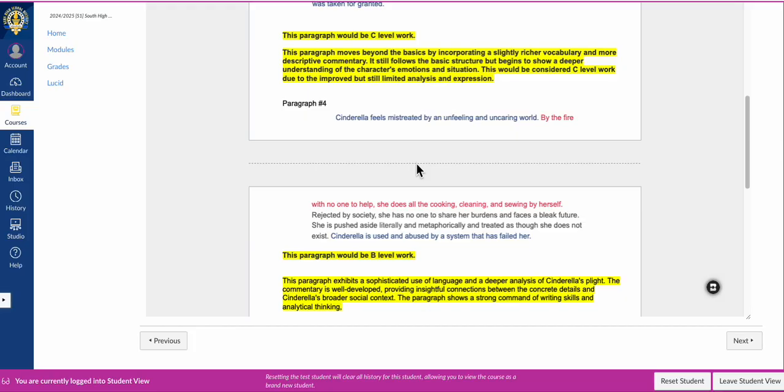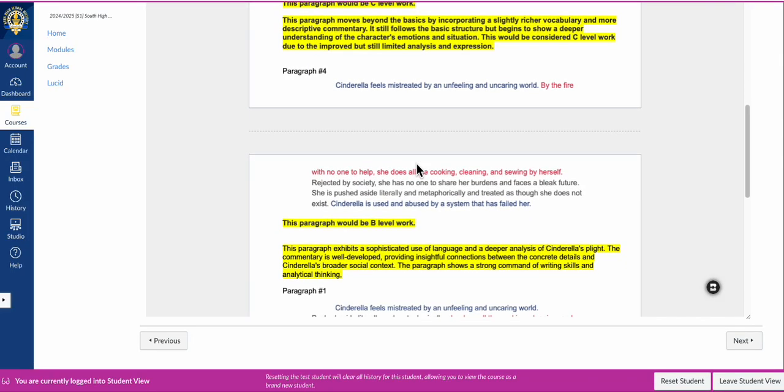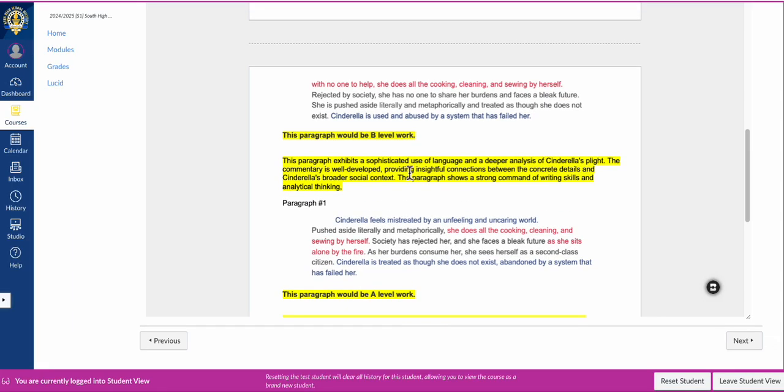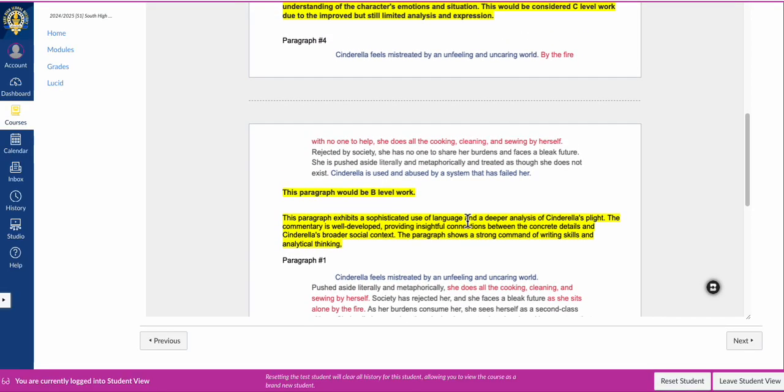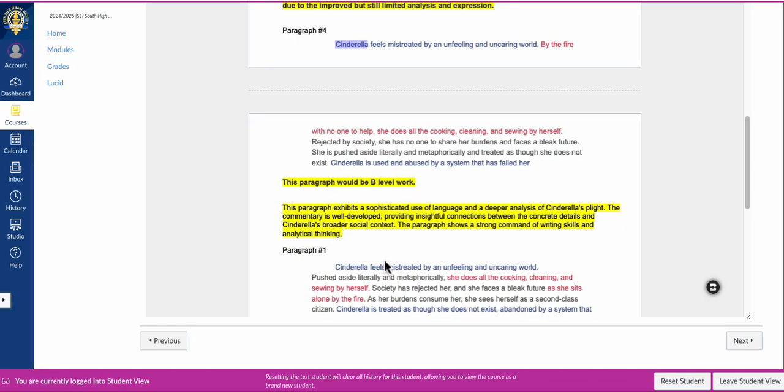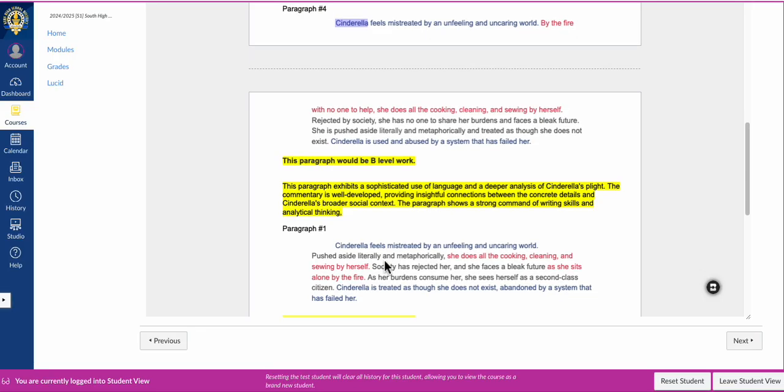But if we're looking for that mastery level work, what we're going to be looking at is that Cinderella feels mistreated by an unfeeling and uncaring world. Again, same in paragraph 4 as we have in paragraph 5. Now, here's where the student shows some mastery. They start to weave, to tie in both commentary type language with the concrete detail type language. Pushed aside, literally and metaphorically, she does all the cooking and cleaning and sewing by herself.